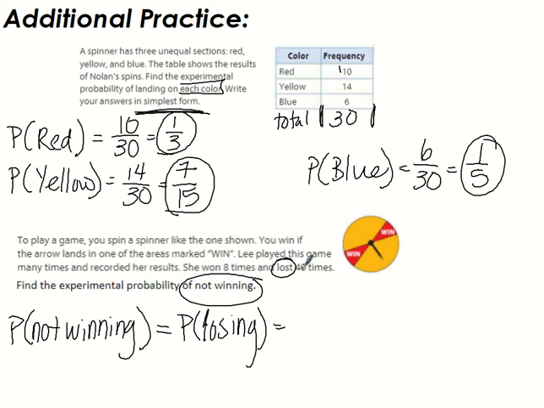So the first thing I have to do is find the total, right? 40 times lost, 8 times won, and so she played the game 48 times. She lost 40 times, and then we would need to reduce this. You could do it by 2, you could do it by 4, you actually could do it by 8 and get 5 out of 6. So that would be the experimental probability of Lee not winning, which is losing.